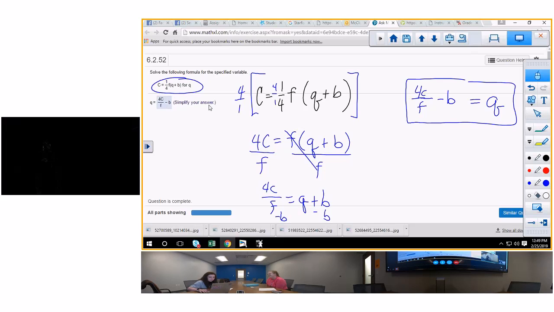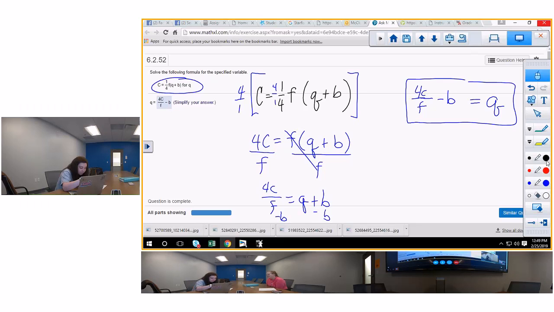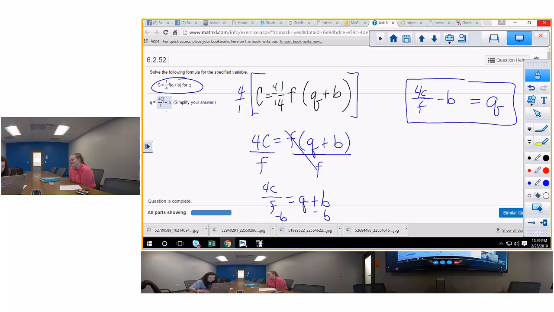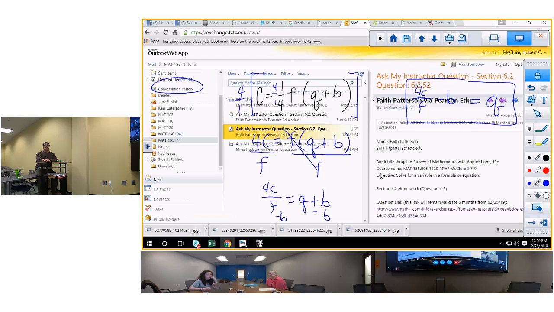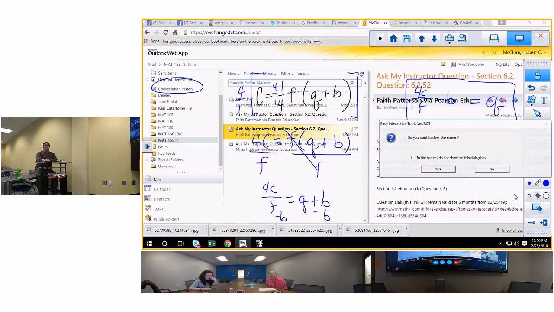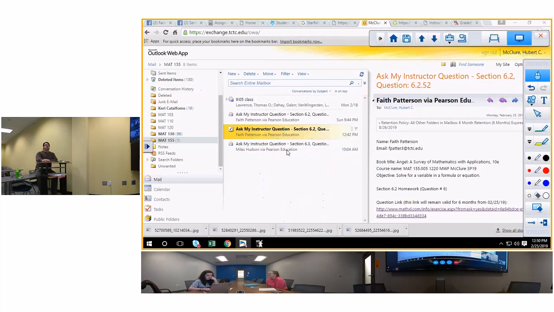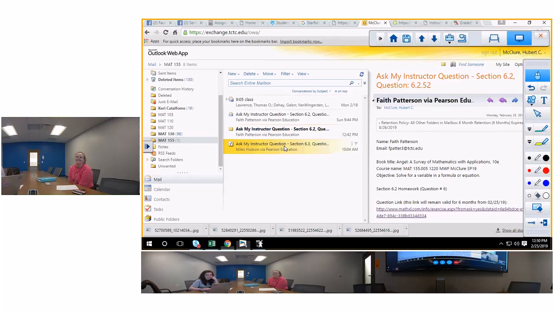Did you type in a capital C right here? Capital C makes a difference. Who knew?